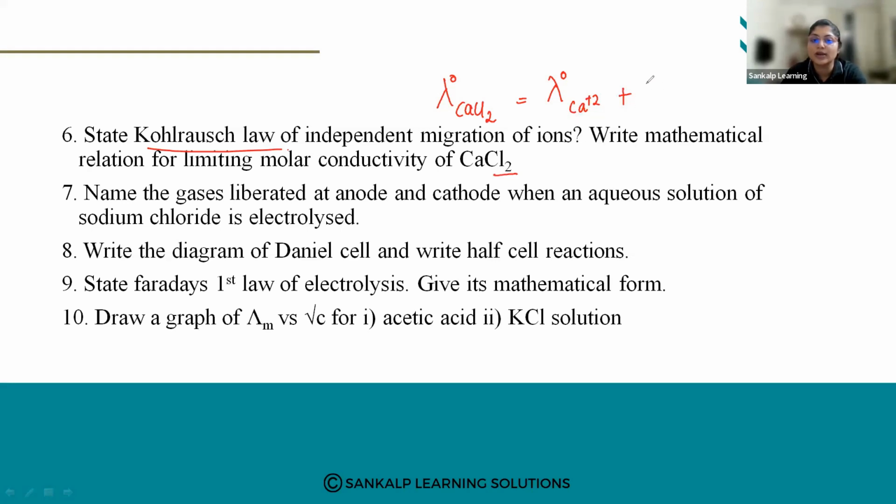So this 2 will come up, and you will write lambda naught Cl minus. So this is the mathematical relation. Like this you are going to write the mathematical relation to represent your limiting molar conductivity. Is it clear?